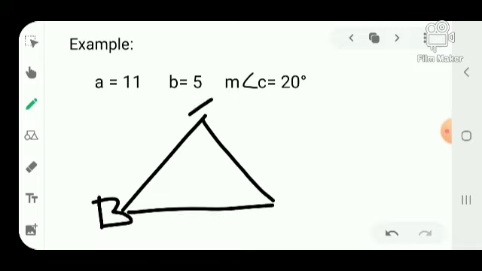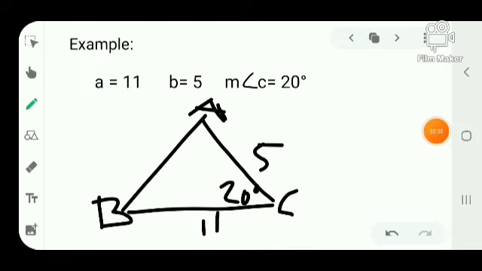Across from A is 11 and across from B is 5, and our measure of angle C is 20 degrees.